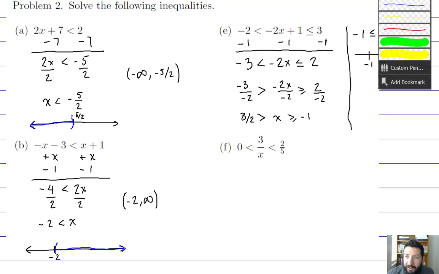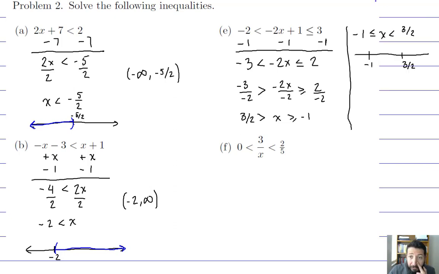And now the negative 1 is inclusive, so we include negative 1, and we don't include the 3 halves because there's an equality sign here, and there's not an equality sign here. So that's how we determine which one has a square bracket when it's included, when there's equality, and open, just regular parentheses whenever it is not included. So that is how you solve this type of inequality.